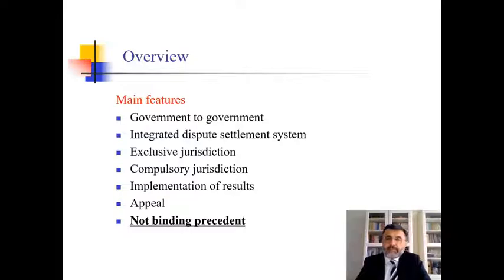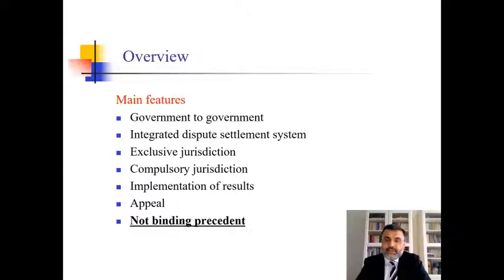Implementation of results. This is also an important feature of the system. In a sense, it means that the dispute settlement system of the WTO has teeth. In other words, it has provisions that aim at making sure that the outcome of a dispute is actually implemented by the respondent, by the defendant.